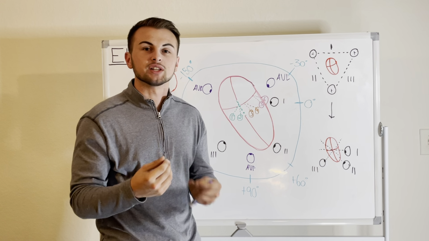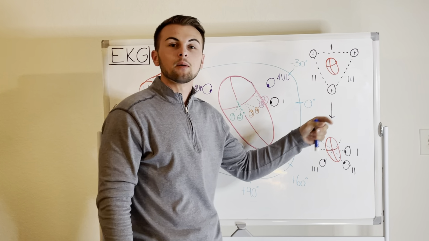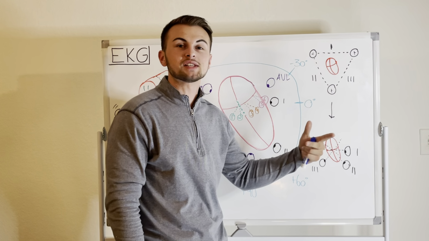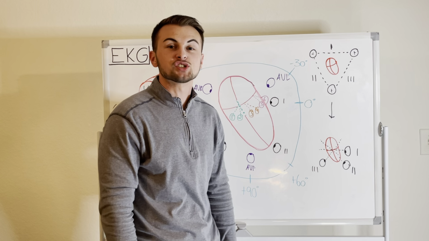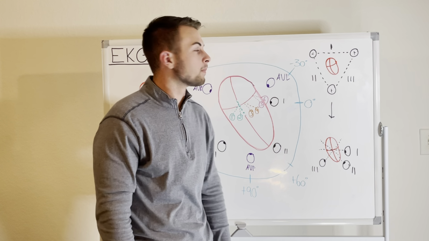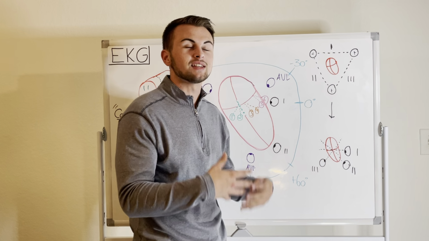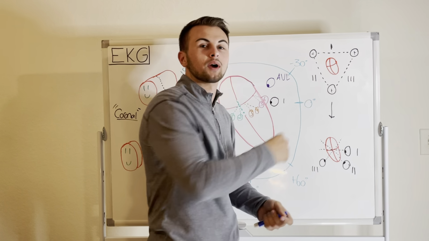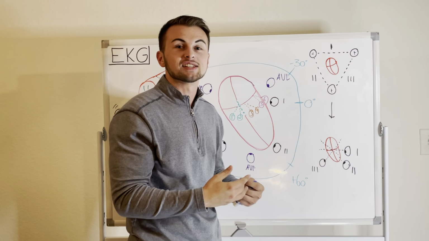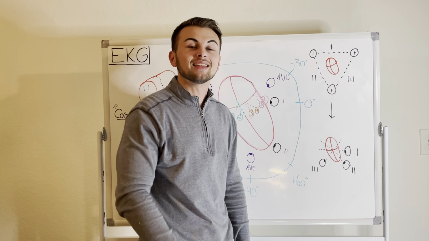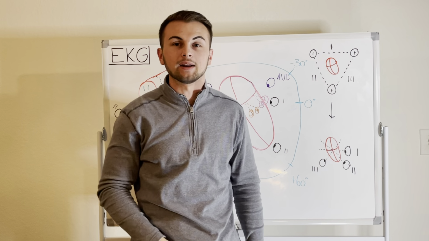Now, basically, our three limb leads make what is called Einthoven's triangle. It is basically a triangle that catches all of the possible electrical impulses of the heart. It is important to know that this triangle around the heart is like a net that is catching all of the impulses generated by the heart in the coronal plane.